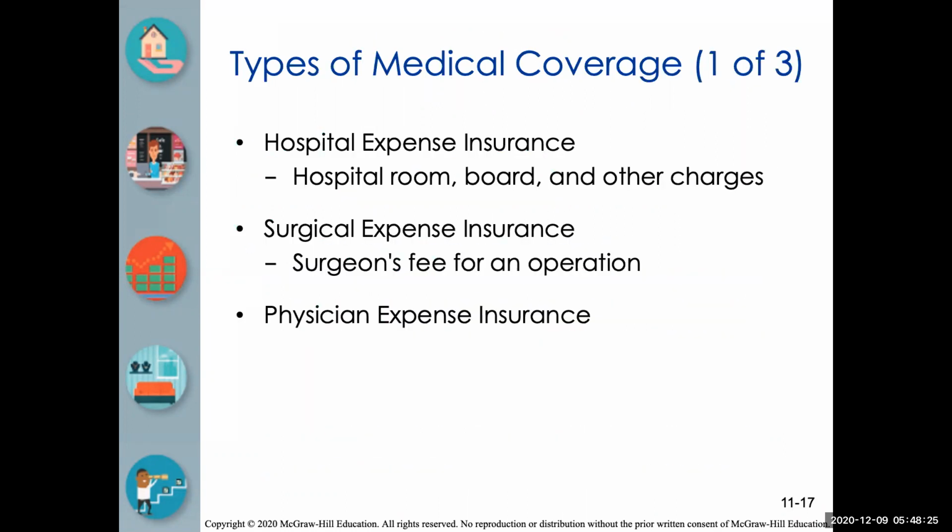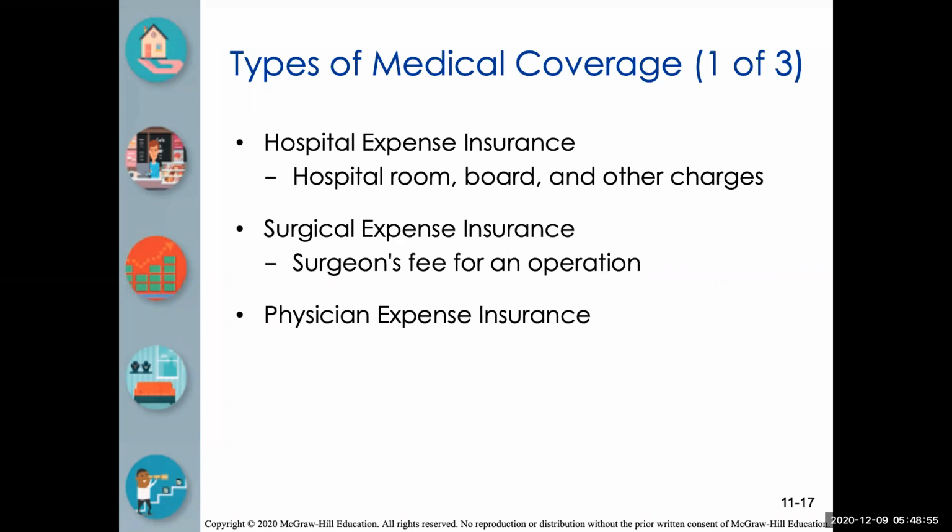Okay. So types of medical coverage, we've got hospital expenses, right? These are things like the hospital room and board and other fees that are assessed by the hospital. You have surgical expenses, so that's the fee that you pay to the surgeon or the anesthesiologist, specific to them, outside of the expense that the hospitals incur. And then you've got just general physician expense insurance.